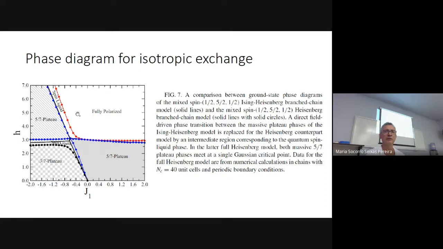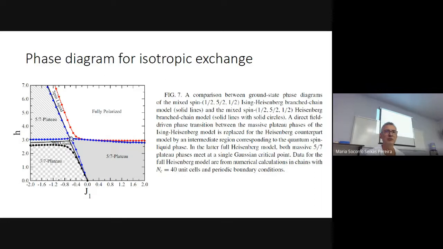The same occurs for the other transitions between plateau phases, and in particular the short transition line between the two 5/7 plateau phases shrinks to a single transition point.